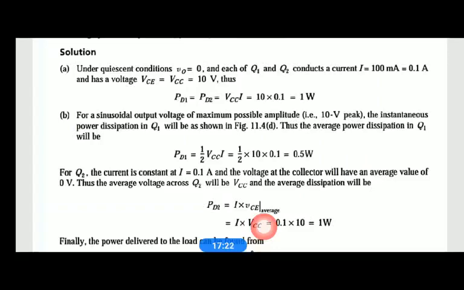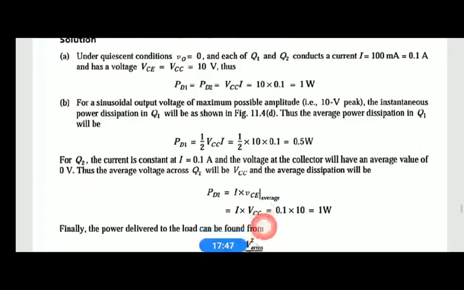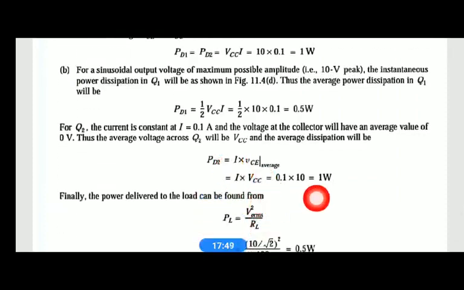That current will not change, it will not vary. So only the current across transistor Q1 varies, hence you get the power dissipation as a waveform in PD1, whereas the power dissipation across Q2 is constant because there is no variation in its current, which is still I into VCC, hence it is 1 watt only, right?